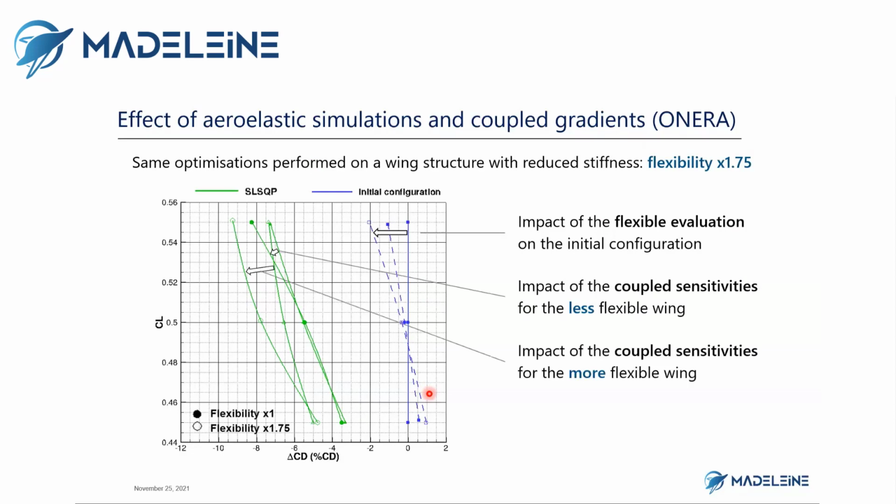And compared to the previous variation of drag, thanks to taking into account the full flexibility approach, now on the very flexible wing, the benefit is much more important. So this means that the coupled adjoint takes real benefit on a large flexible wing.